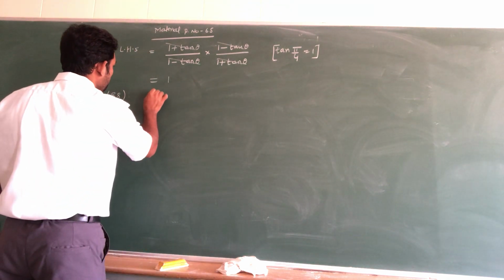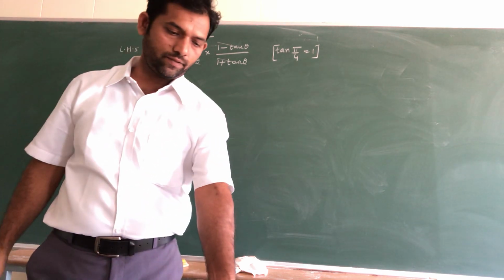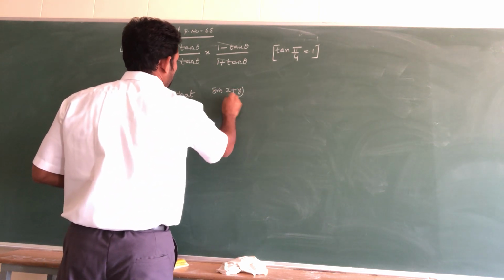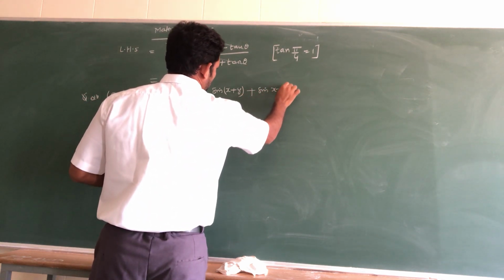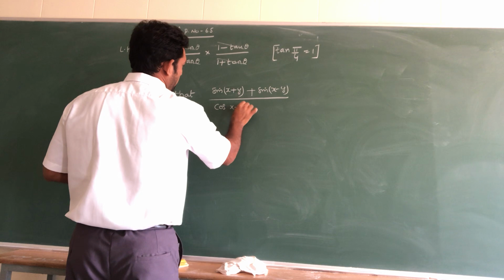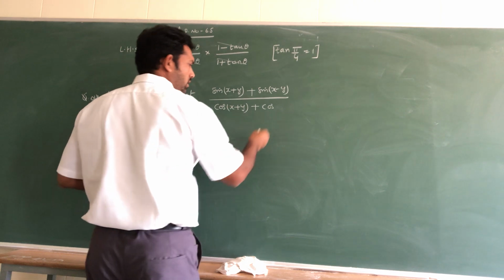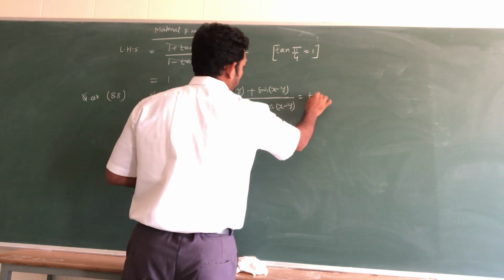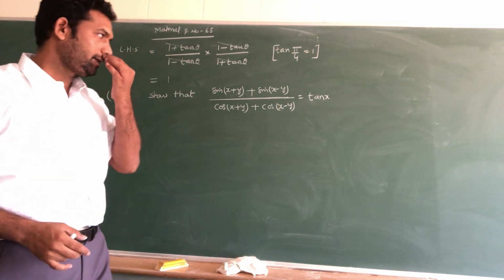Show that sin(x plus y) plus sin(x minus y) divided by cos(x plus y) plus cos(x minus y) is equal to tan x.